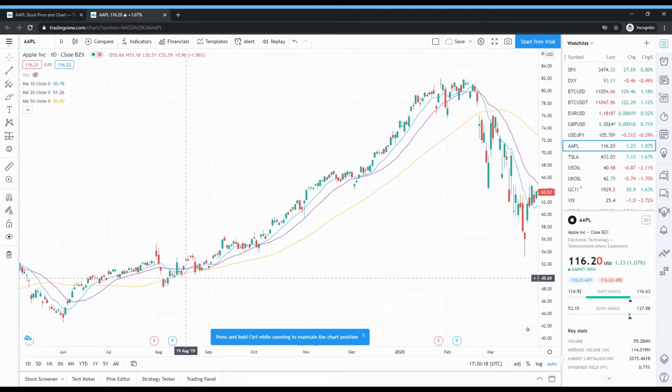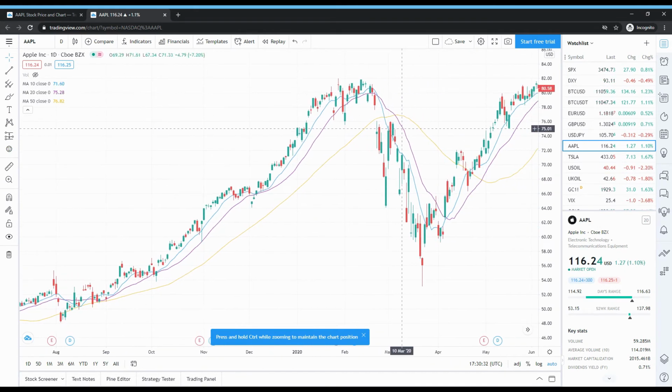But at this point it didn't go down, it went up instead. So it really did not have a crossover for over 8 months. So I've been holding this position for 8 months until it had a crossover at this point on 27th February 2020.